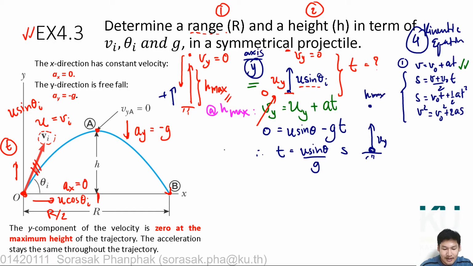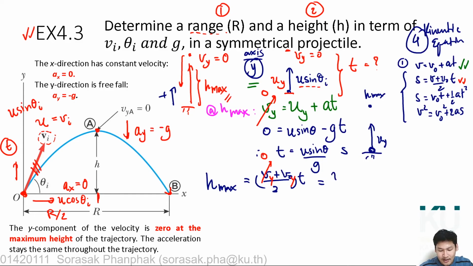Now you know the time it takes the particle to reach the maximum position. If you would like to find the H, the maximum position, which equation will you use? I will pick equation number 2 in this case. So you get H equals (v plus v0) over 2 multiplied by t, all in y components only. At the maximum, vy is 0, so you only have the v0y term.